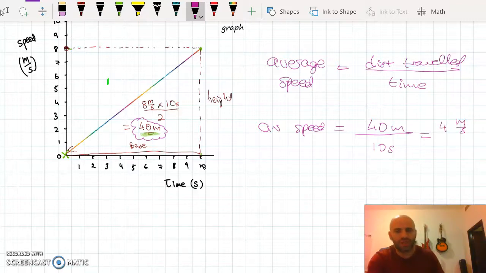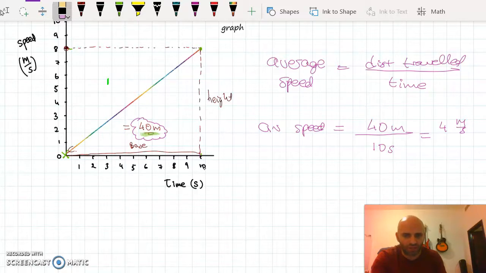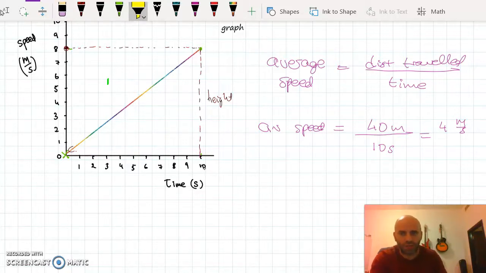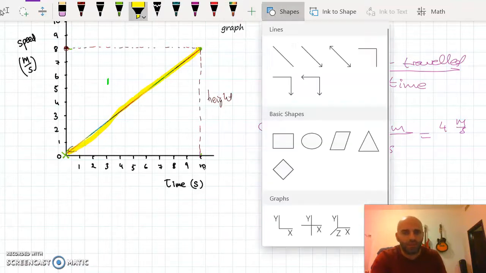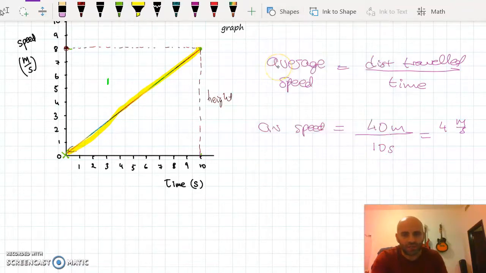What I'd like to do now is just show you how that would look on a graph. I'm just going to erase some of this stuff that's already here. Okay, so this is the original line that we had, the original graph, where we had that constant positive acceleration. What we need to do now is put in a new line at the 4 meter per second mark.